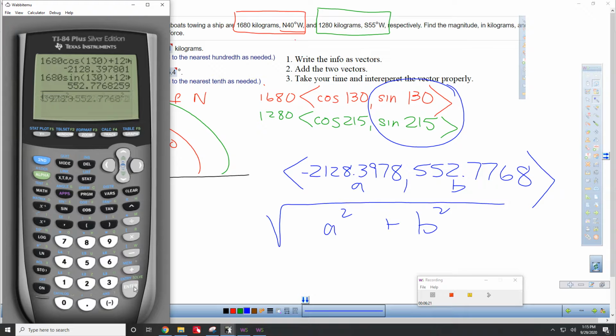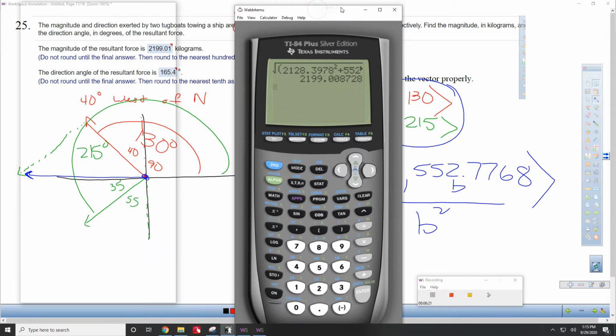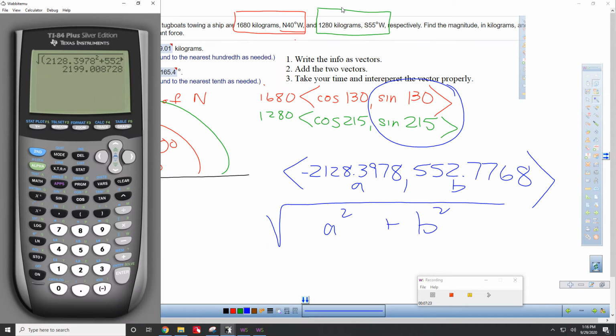Enter. Oh no, it wants parentheses. Of course it does. I'm going to just not negative that because it's going to save me so much time. And this will still work for this one. Bam. Is that right? 2199.01.